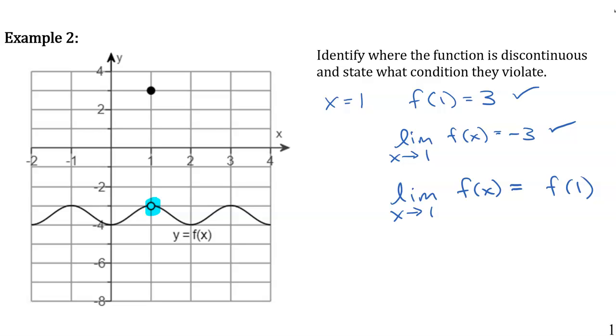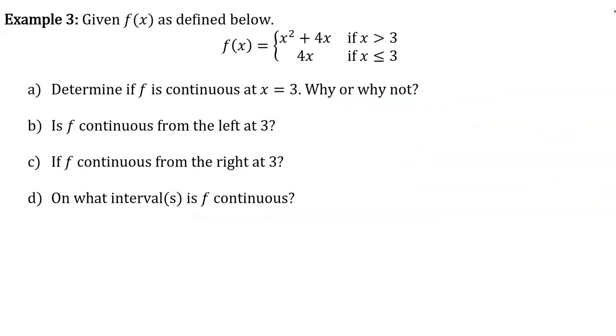Okay. So let's look at a piecewise function. What if they don't give us the graph? Okay, so the same three conditions apply because that is the definition of continuity, and our definition never changes. So just because they don't give us the graph this time doesn't really mean much. Determine if f is continuous at x equals 3.